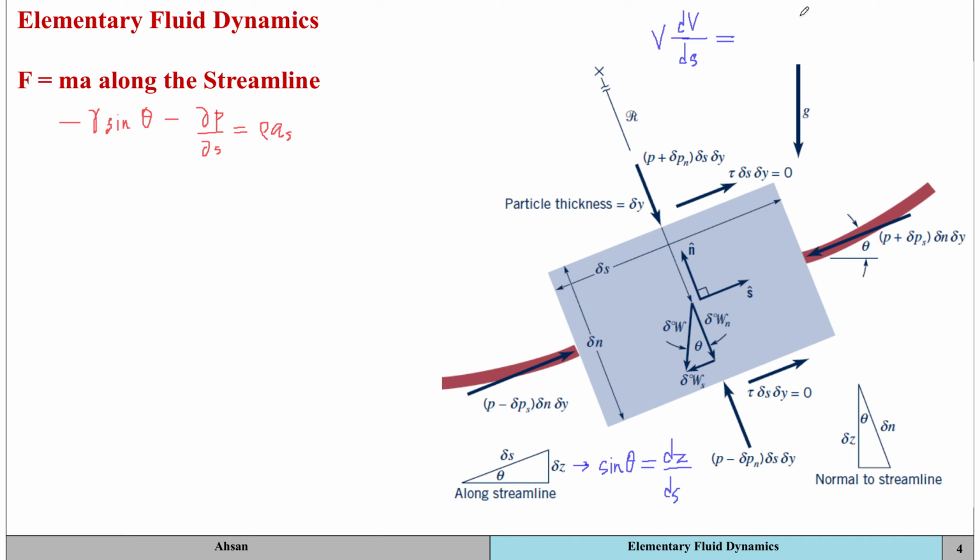It would have been, let's say, derivative of velocity squared by ds. But right now, if I was to simplify this derivative, it would not be equal to this one over here.